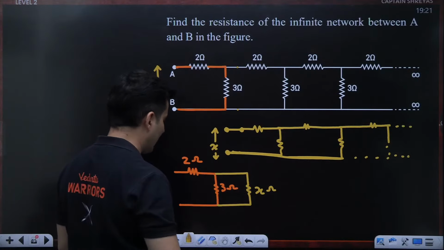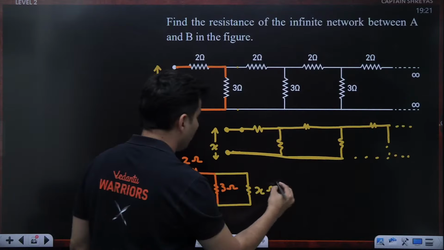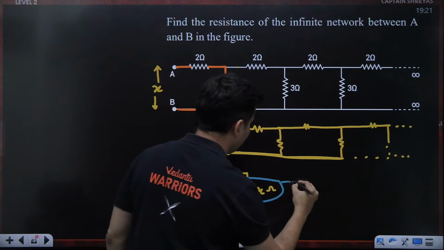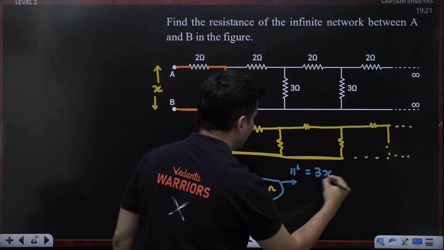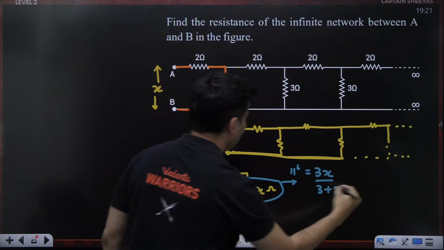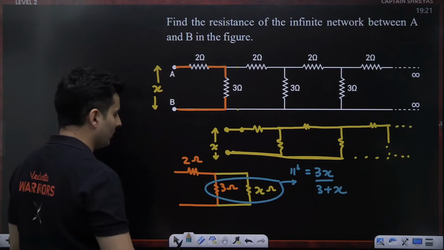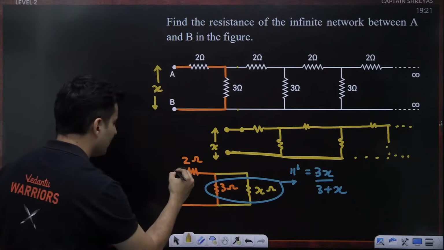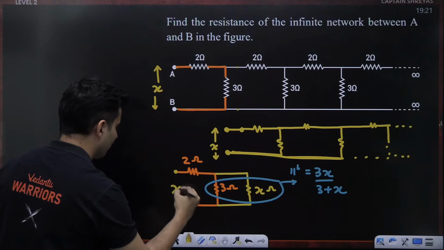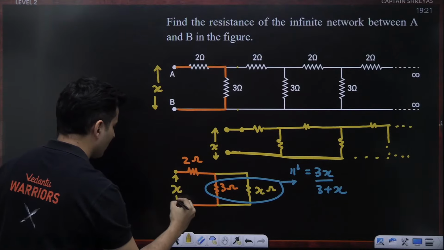3 and X are in parallel. So combine both of them. The parallel combination will be R1 R2 divided by R1 plus R2. That is in series with 2 ohm. And what I get again between these 2 points is X ohm.